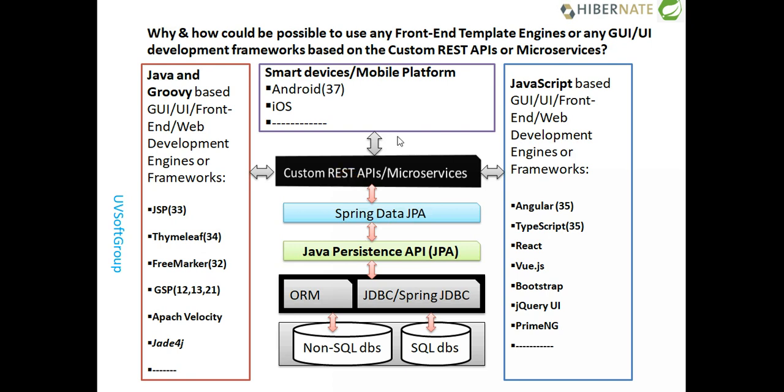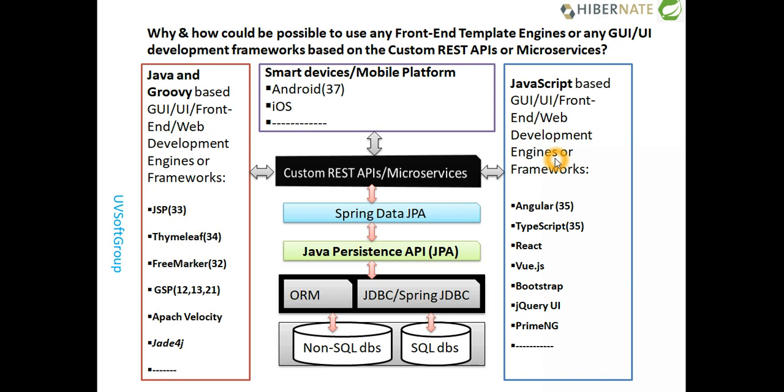After the REST APIs are deployed into your cloud or machines, you integrate those endpoints, no matter which technology stack you have, like Java, Groovy-based template engines, GUI development engines, JSP, Thymeleaf, FreeMarker, GSP, and Velocity, and so on and so forth.